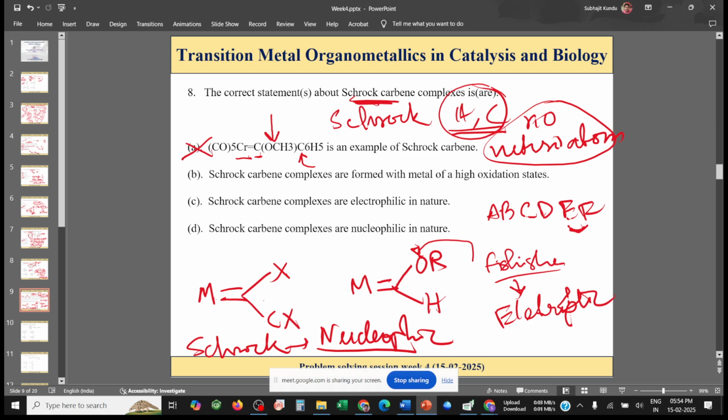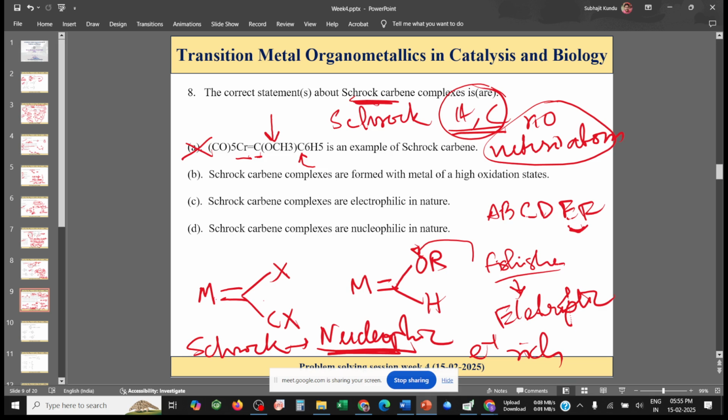Now how to remember this one? The Schrock type of carbene is nucleophilic in nature, so that means it is an electron rich carbene, and the reverse explanation is applicable for the Fischer type also. An electron rich carbene will always try to donate electrons to where the electron is highly deficient.